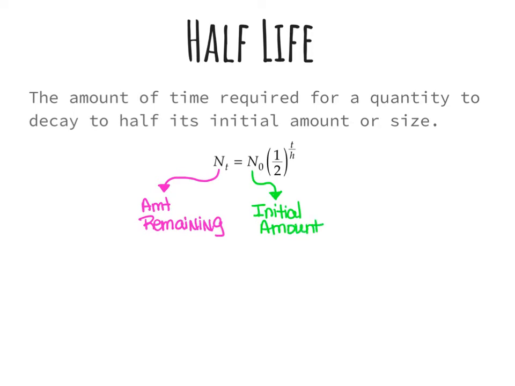And then we're going to have T. This T is going to be the total amount of time that you're being given. So T is for time, total time. And then we're going to have half-life, which is H. Let me write this down.